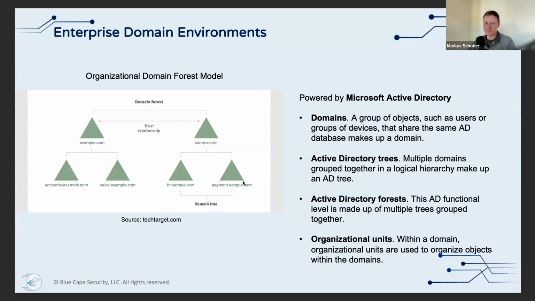And from personal experience, I've seen cases where one Active Directory tree is allowed to talk to another Active Directory tree through a trust relationship, and sometimes there is some misconfiguration. We have seen threat actors moving from one tree to another, and that's how organizations sometimes get compromised.